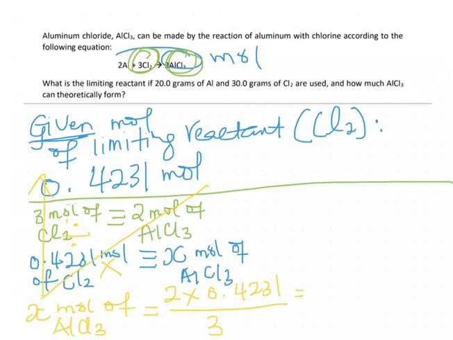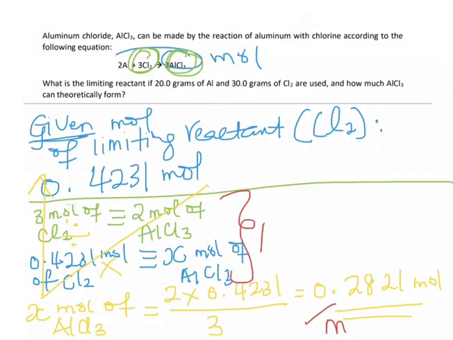You have 0.2821 mole. By getting this mole, you get another 1 mark, and by doing this proportionality, you get another 1 mark.